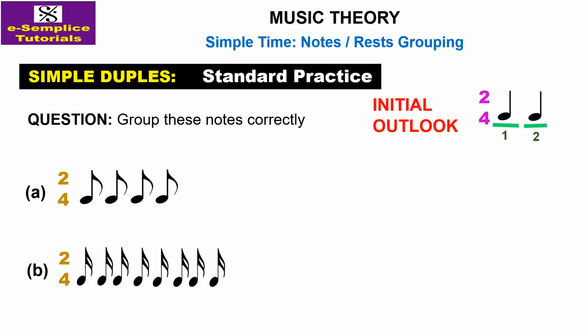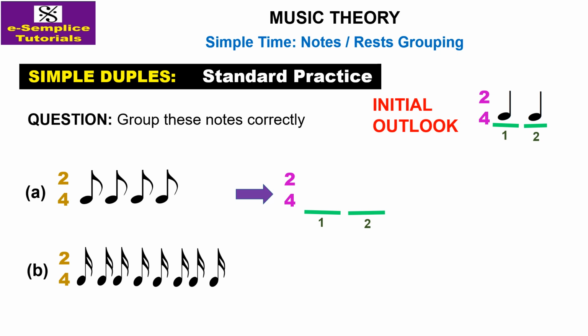Complete one beat before moving to the next beat. Rule 2 says complete each part of a beat before the next part of the beat. Now let's group correctly 2-4 time as standard practice with the notes given. Beat 1, beat 2. If you follow this process, you can never make a mistake.